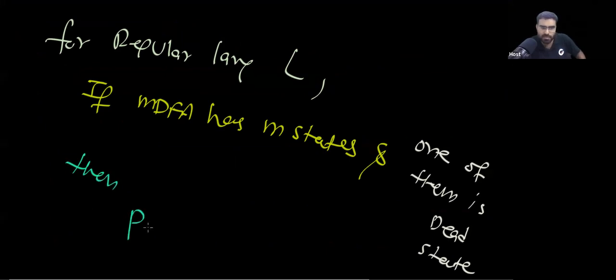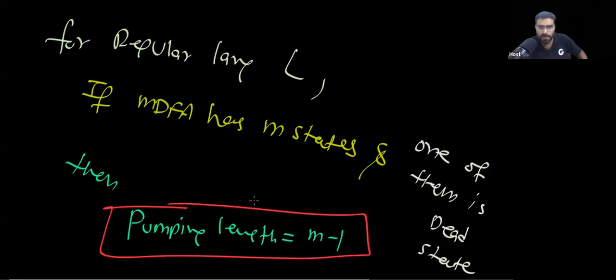Just tell me p. In this situation, m minus 1 is a pumping length. Yes or no? And what is the minimum pumping length? That will be less than or equal to m minus 1.